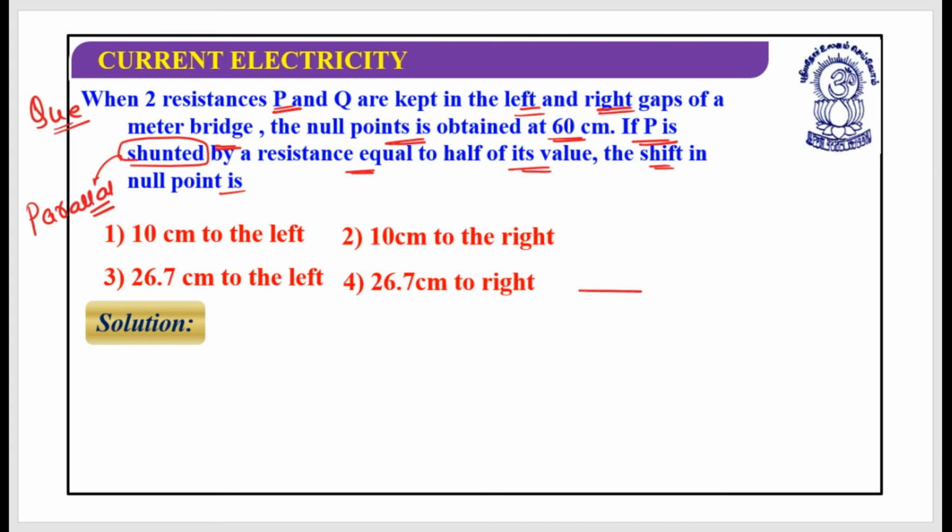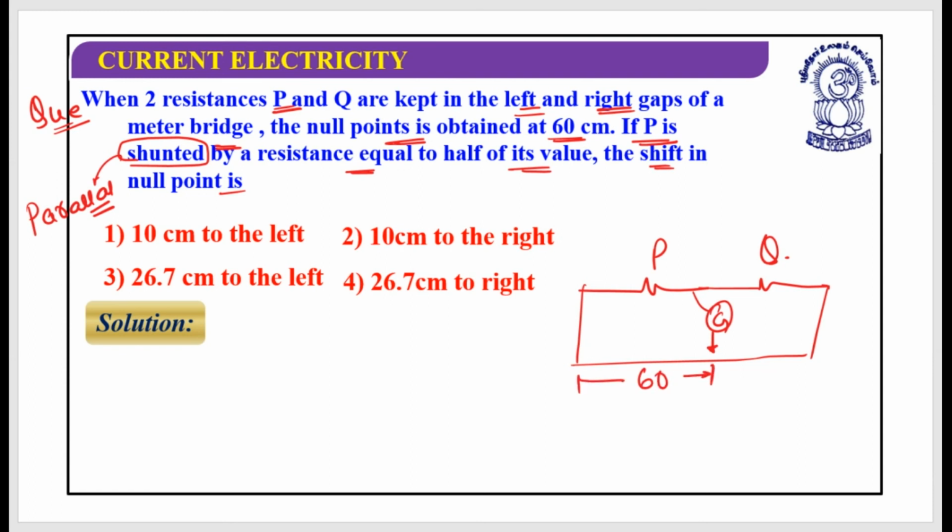What it is saying is, this is P, let's say this is Q, and the null point is obtained at 60 centimeter. So if this is at 60, this must be at 40. So what do we require?